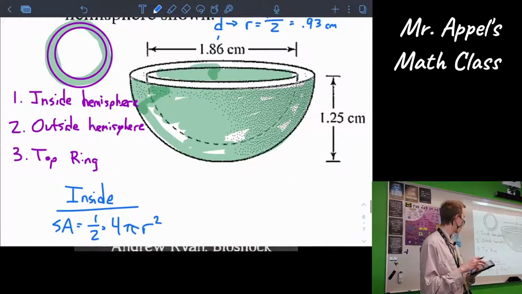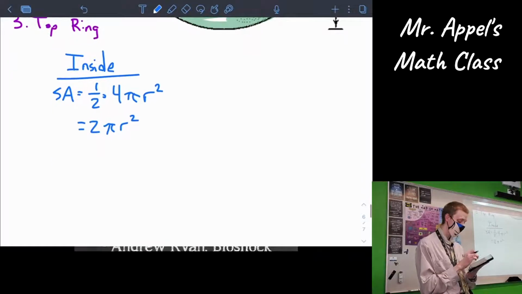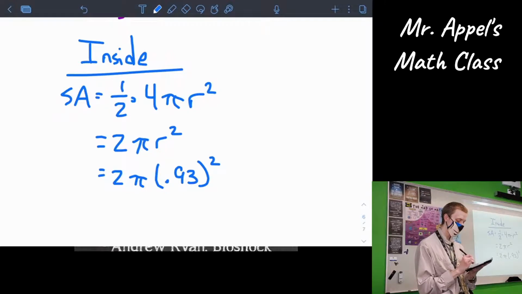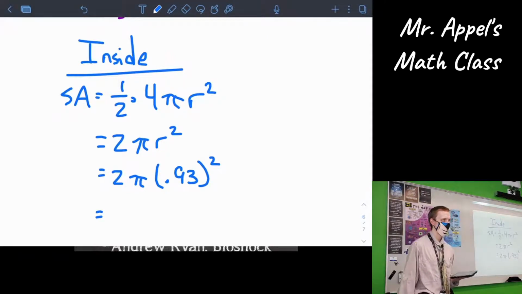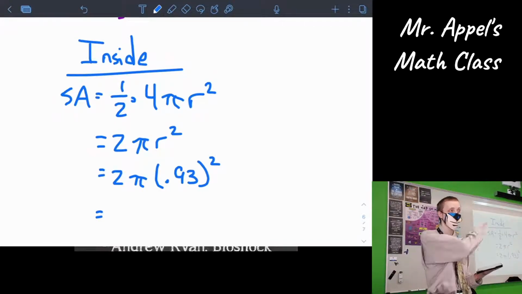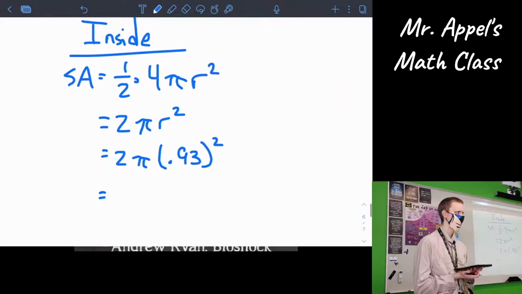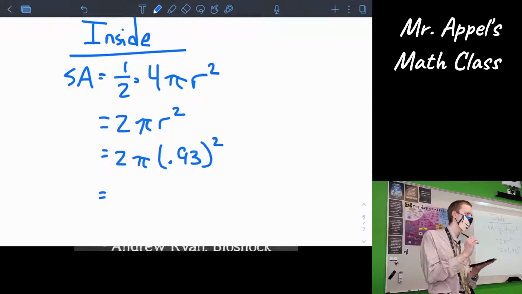Okay, so we'll grab that number, use that down here. 2 pi times 0.93 squared. Which is, and let's leave this in terms of pi for now. How many pi's?